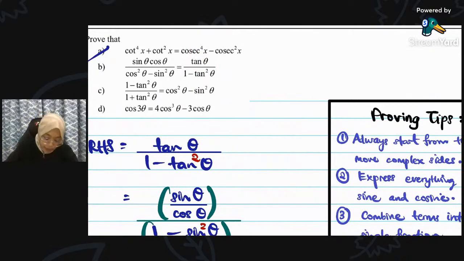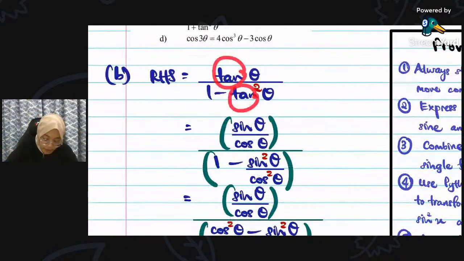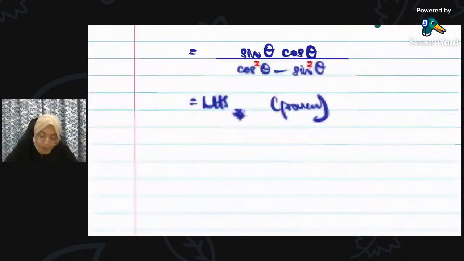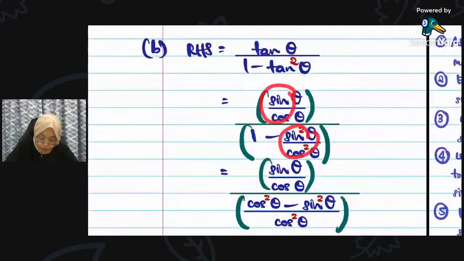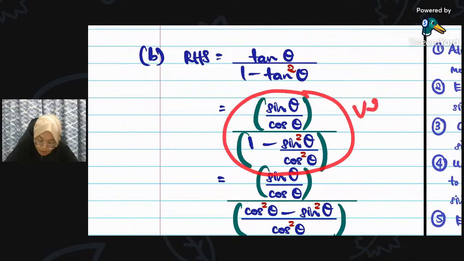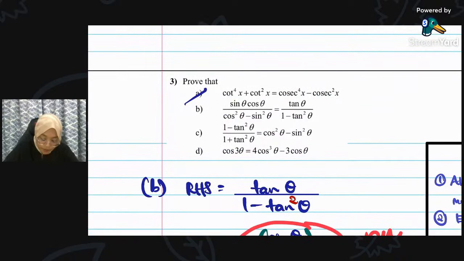That's it. Okay, you see here, saya tukarkan dua-dua tangent ni kepada sine of a cos, sine of a cos. Okay, sebab apa? Sebab untuk menyelesaikan sine and cos is very easy. Instead of daripada sine nak jadi tangent, lagi susah you nak fikir.